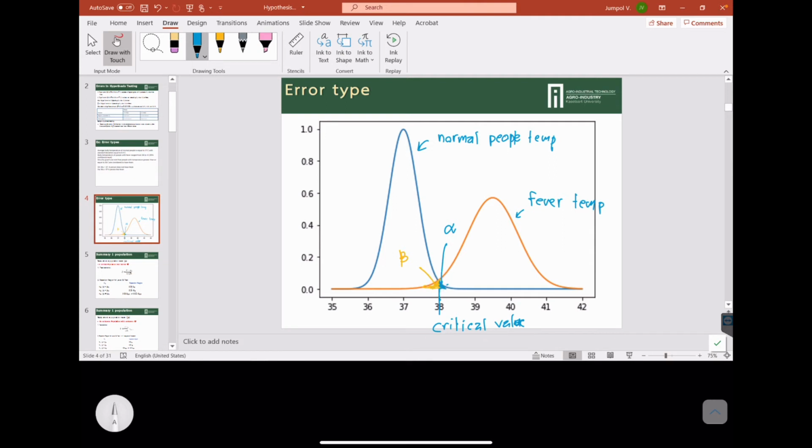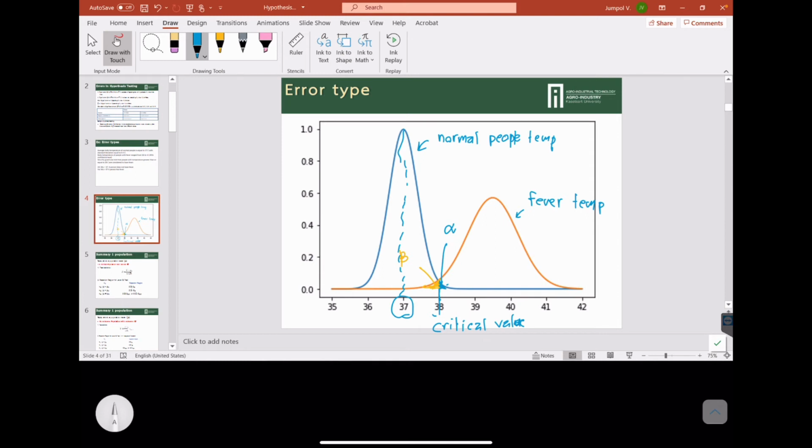Because our null hypothesis is people will have temperature equal to 37 degrees. So with this critical value, we're gonna reject the null hypothesis when the measured temperature is greater than 38 degrees Celsius.